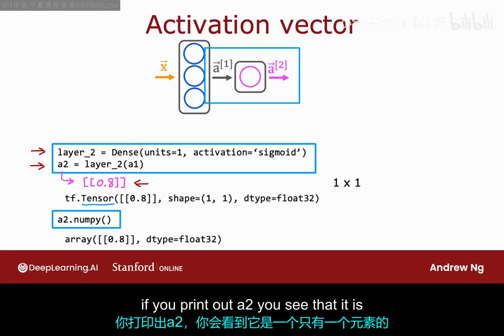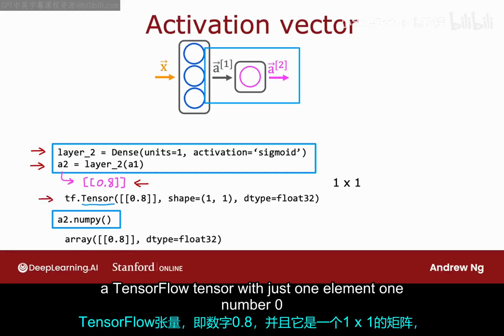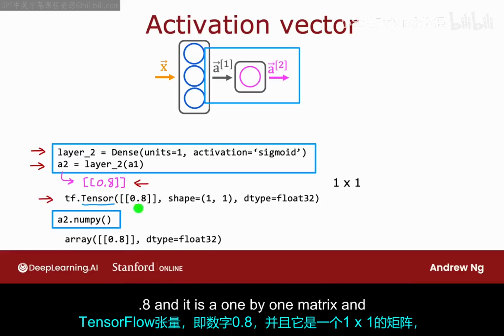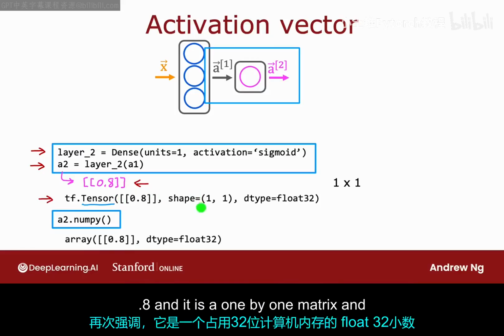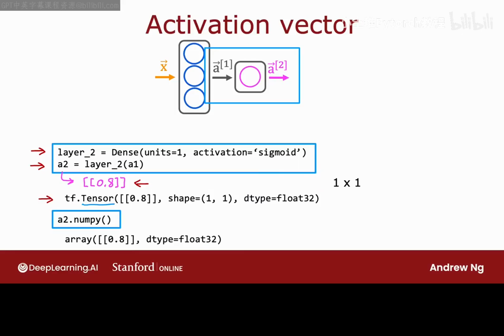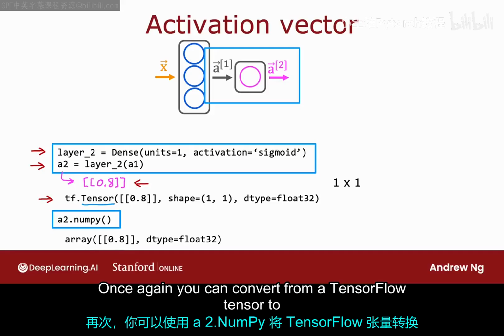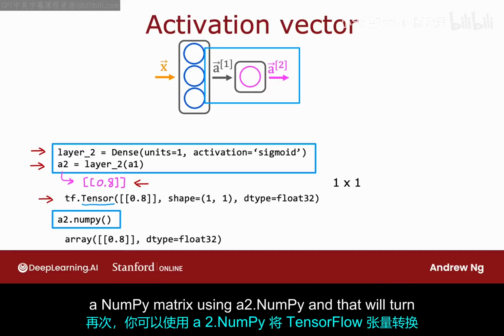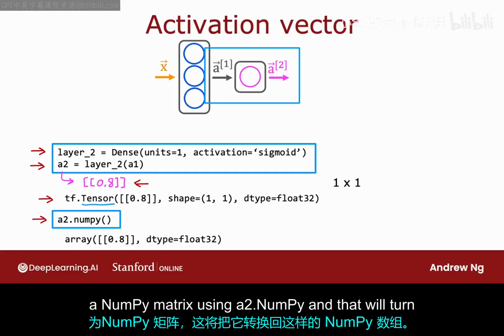And if you print out A2, you see that it is a TensorFlow tensor with just 1 element, 1 number, 0.8, and it is a 1-by-1 matrix. And again, it is a float32 decimal point number taking up 32 bits in computer memory. Once again, you can convert from a TensorFlow tensor to a NumPy matrix using a2.numpy, and that will turn this back into a NumPy array that looks like this.